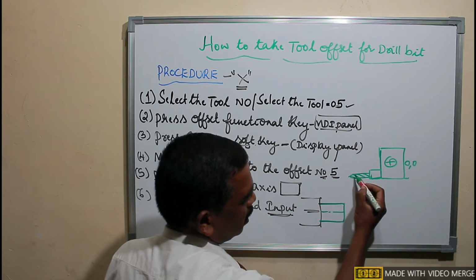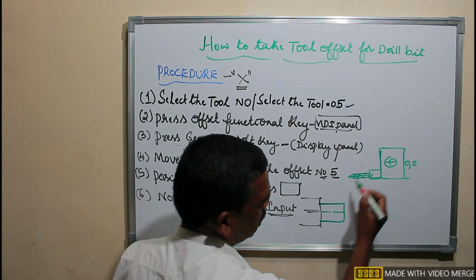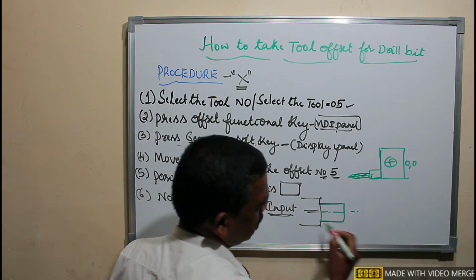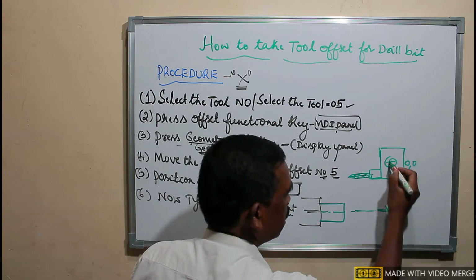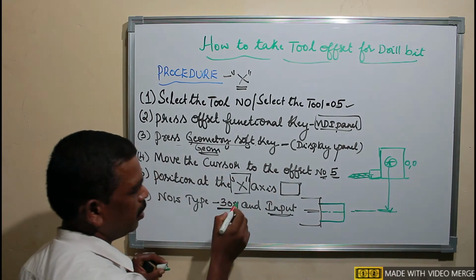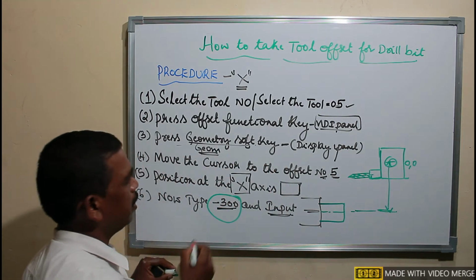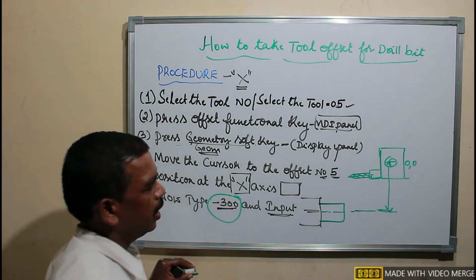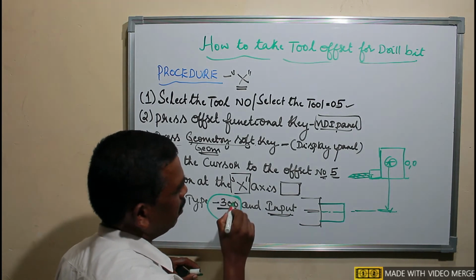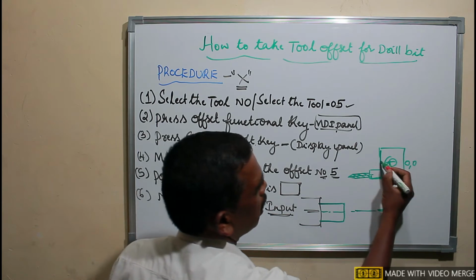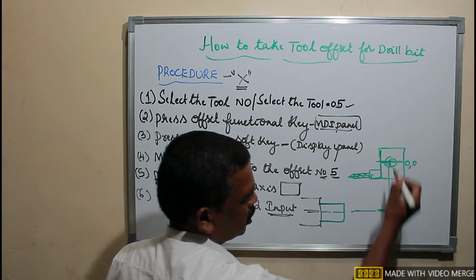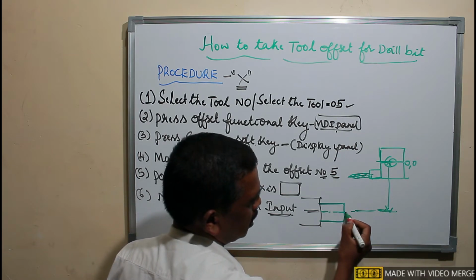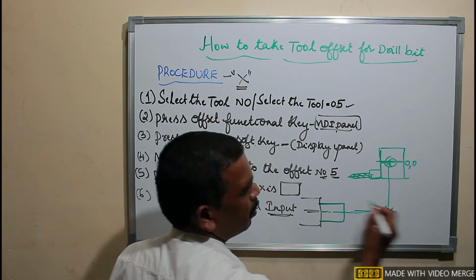So for making the drill axis coincide with the workpiece, we should just type the 300. We have to input the 300 as x value. As soon as we input this value, the datum point from here will shift to the job axis center temporarily.